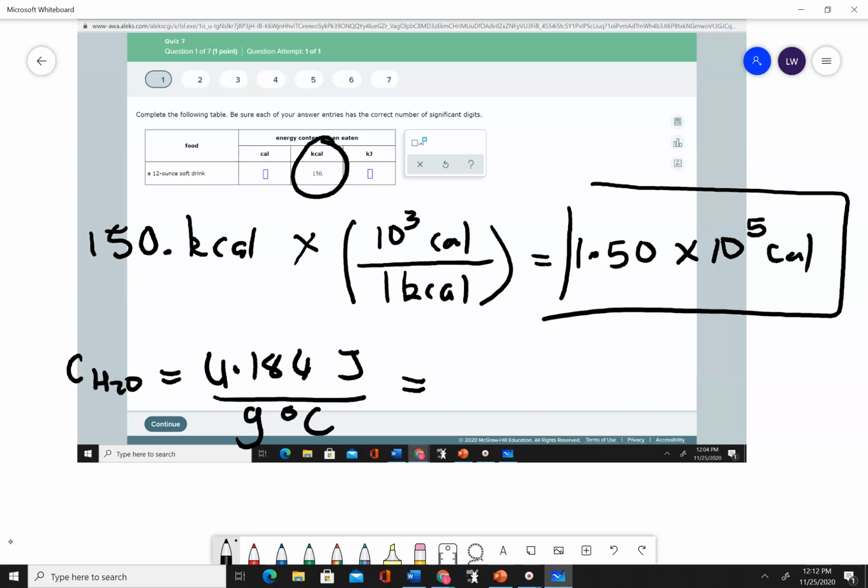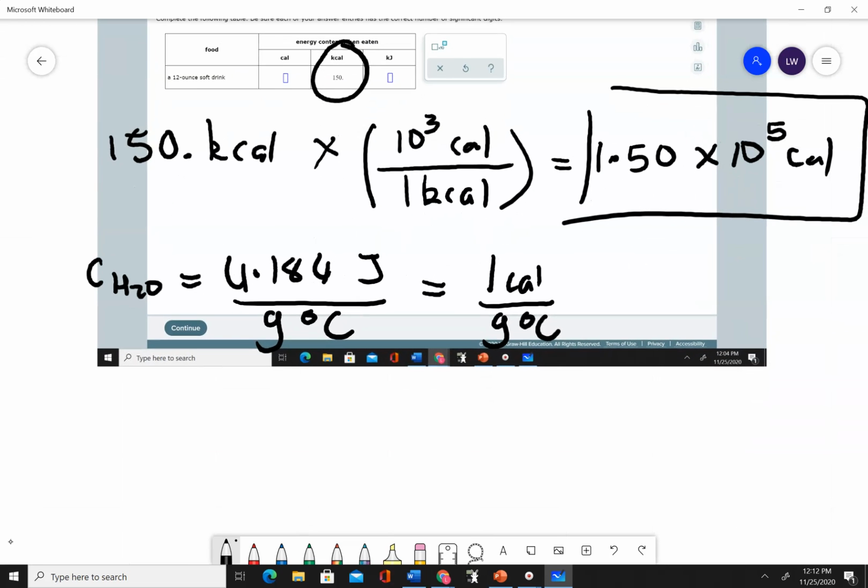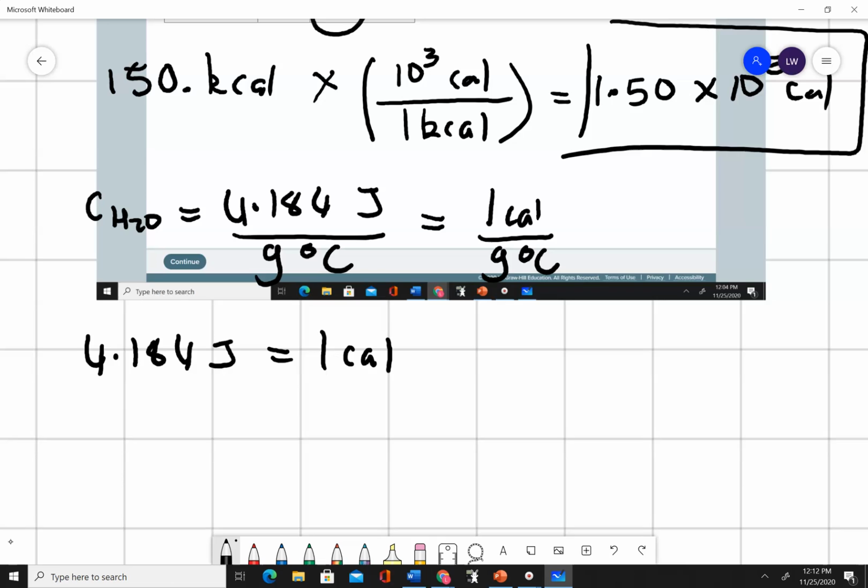But we also know that the specific heat of water can be expressed in calories like this, and it takes 1 calorie to raise the temperature of 1 gram of water 1 degree Celsius. So what this is really telling us is that 4.184 joules is the same as 1 calorie. And so that's going to be our conversion factor here.